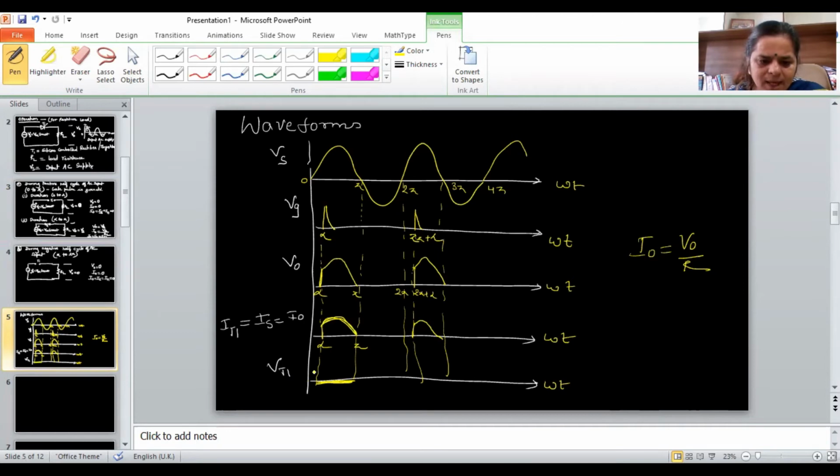Whatever the input cycle remains left, like this and like this, this will be the voltage across SCR1. Meaning, leaving the alpha to pi duration during which the SCR is conducting, the rest of the duration, the remaining supply voltage waveform will be the voltage across the SCR.